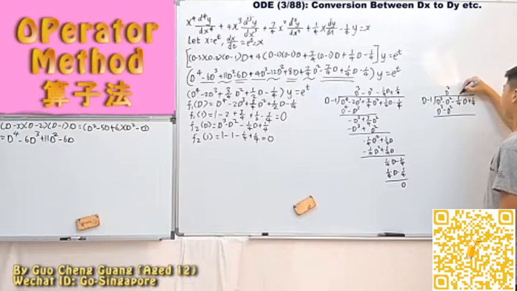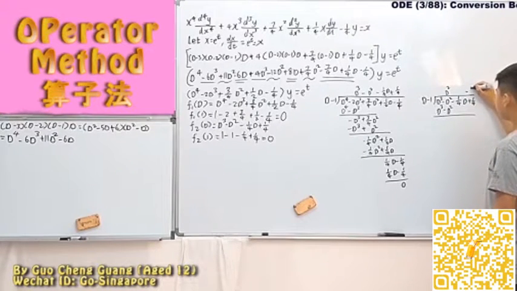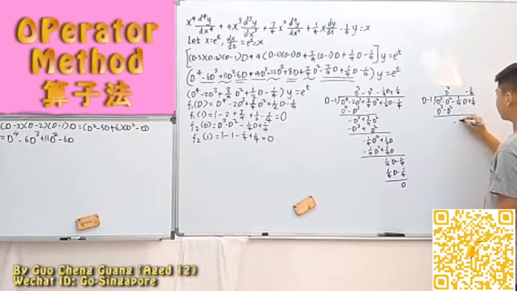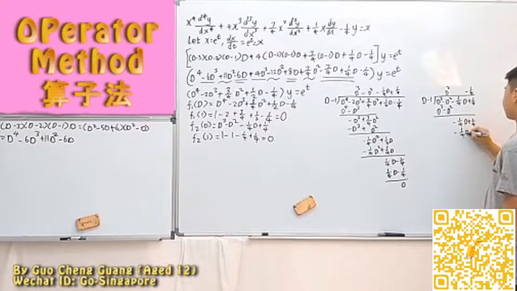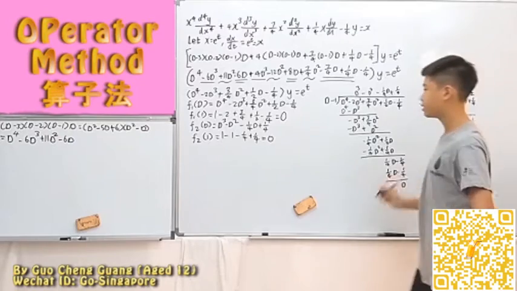Then here you don't have anything, but here you need subtract 1 over 4. Then this is what you get.